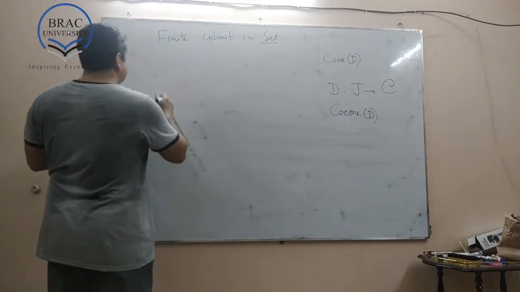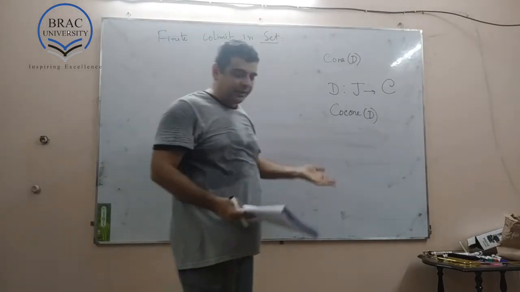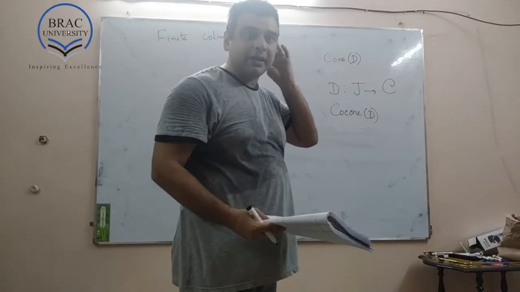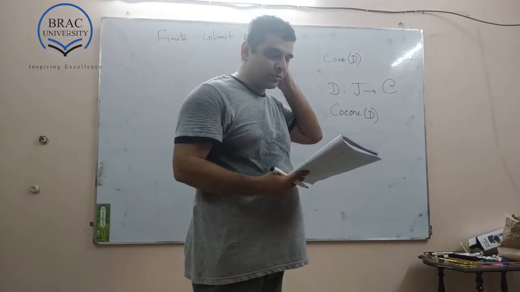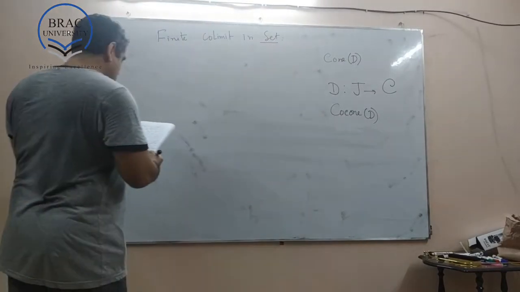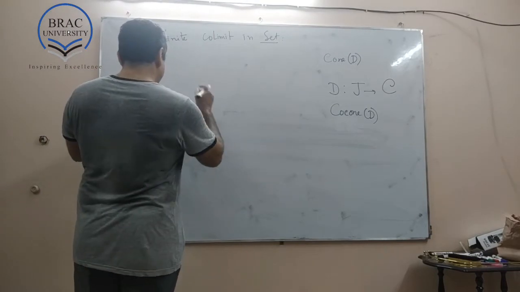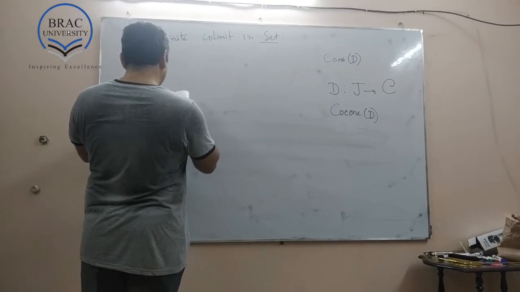Colimit. The idea of colimit in the abstract setup will be taken up in detail later in this course. So let me summarize what I have told you right now.